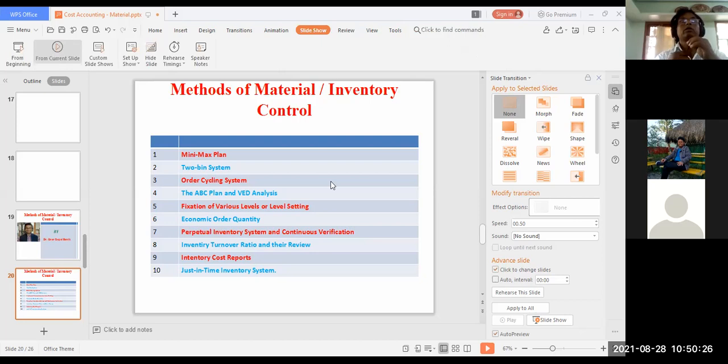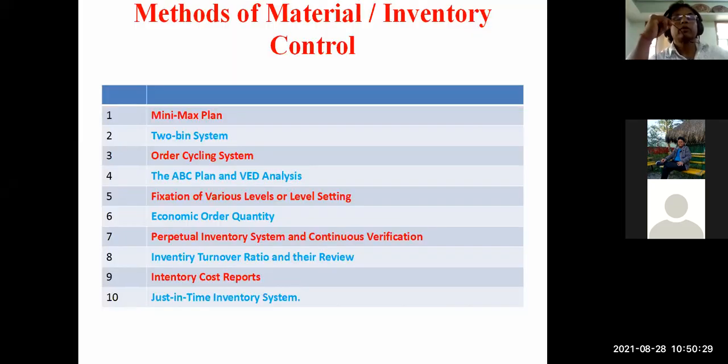So these are the methods. You have to note down, make a list of these methods from the video, and each one we shall understand nicely. Now we shall go a very shortcut way, simply and briefly, but later on you have to go into each method in depth. So first one is mini-max method, mini-max plan.